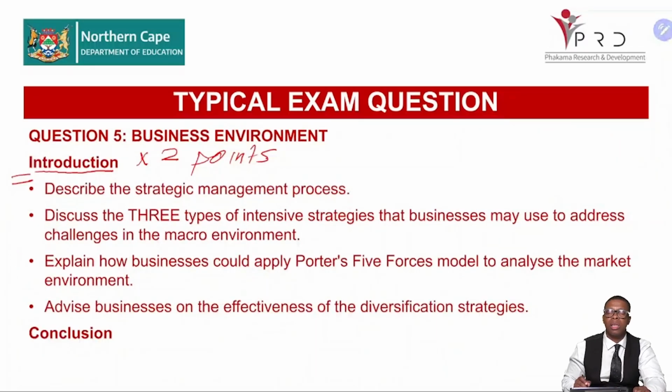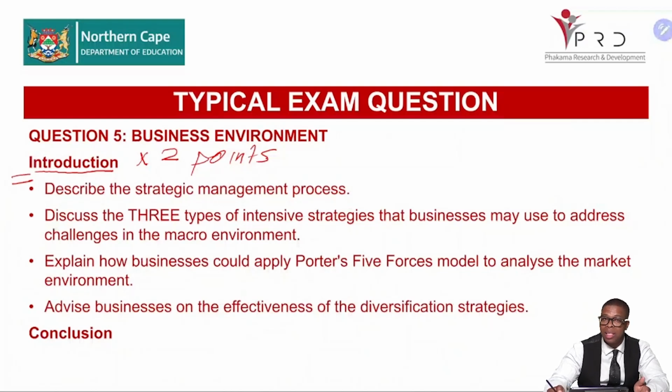Then you describe the strategic management process, to say the business has to review the mission, vision, and check if objectives are realistic. The business has to identify strengths and weaknesses by doing environmental scanning.